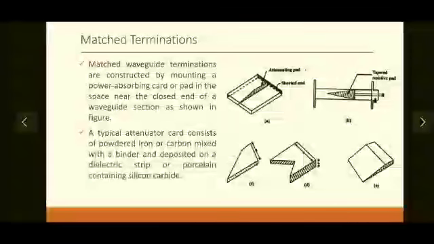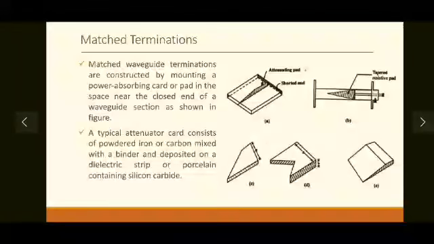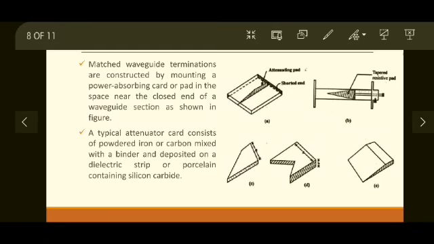First is the matched termination. A matched waveguide termination is constructed by mounting a power absorbing pad or card, as you can see in the diagram. This one is an attenuating pad, that is a power absorption pad, in the space near the closed end of a waveguide. So this is a shorted end, that is a closed end. Near that, this pad is attached as shown in the figure.